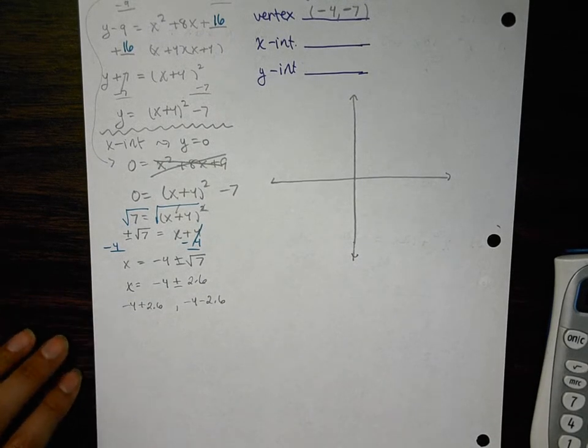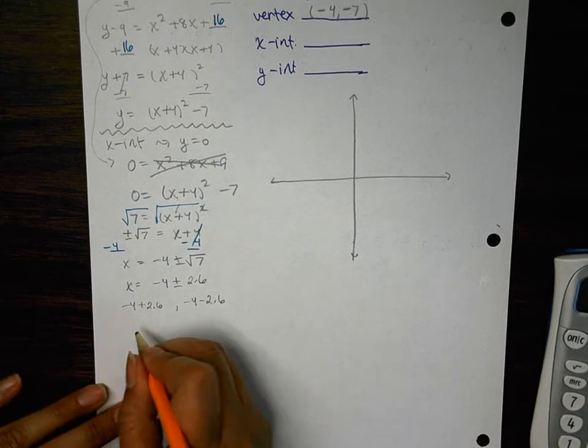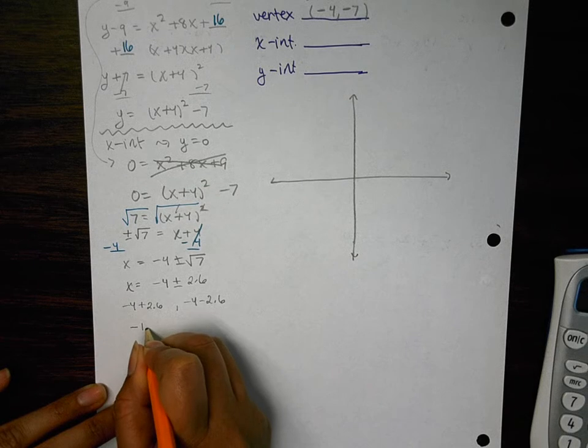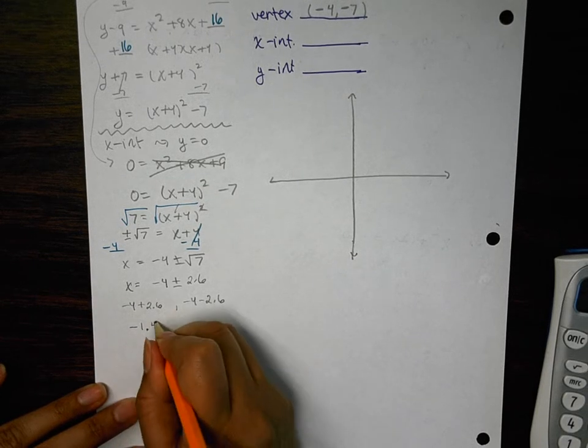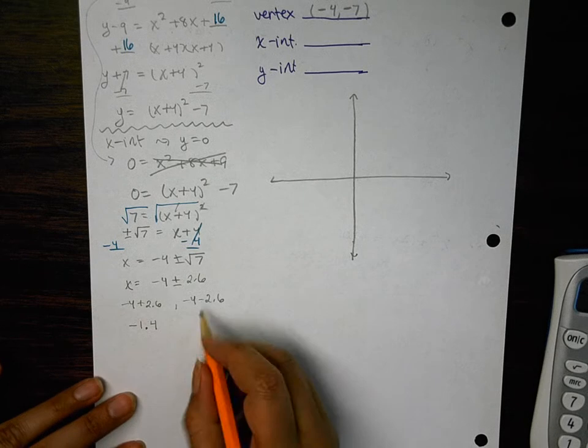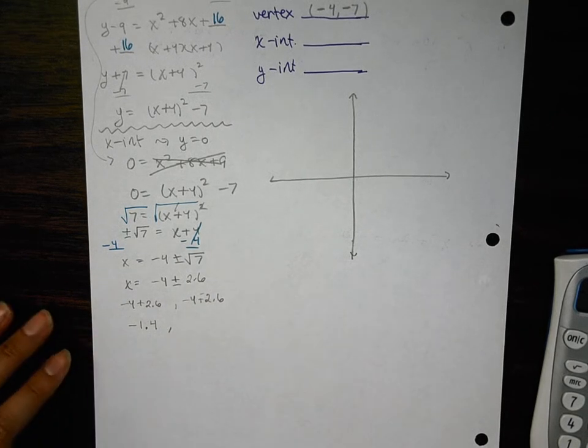Can you plug those numbers in your calculator? What's negative 4 plus 2.6? Negative what? Negative 1.4. Did anybody get that? Okay, and then add the opposite. What do you get there?